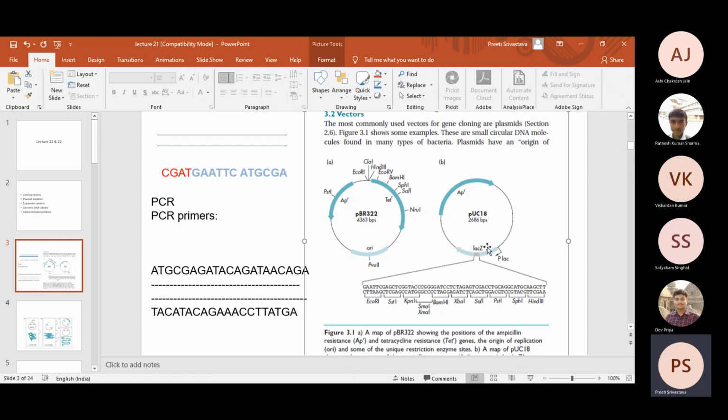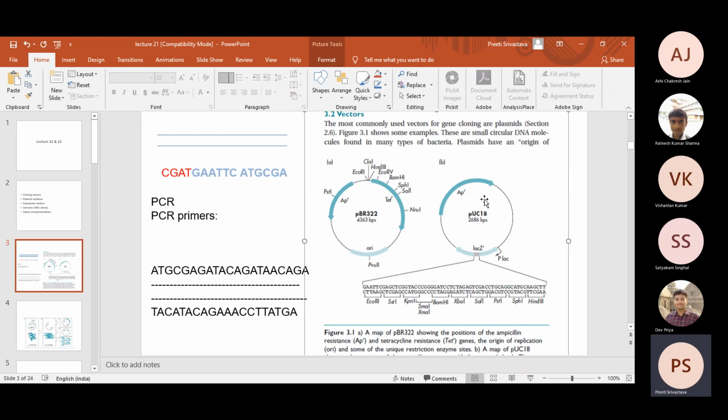And if lacZ is also not there, right? So you imagine a vector where lacZ is also not there and just one antibiotic is there. So then how to do the cloning in such cases, right?